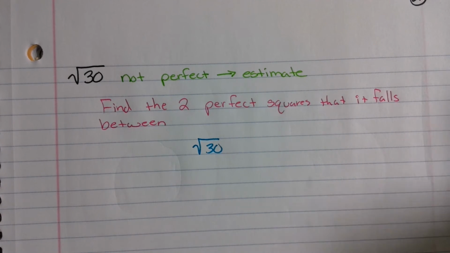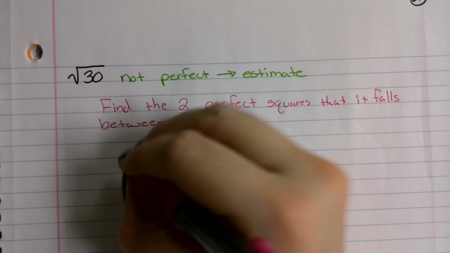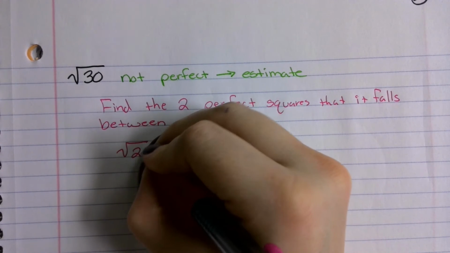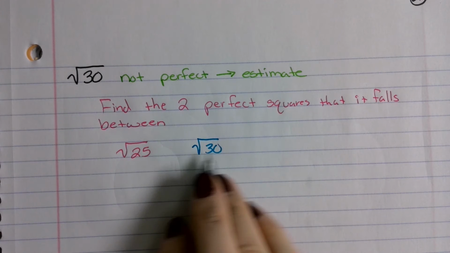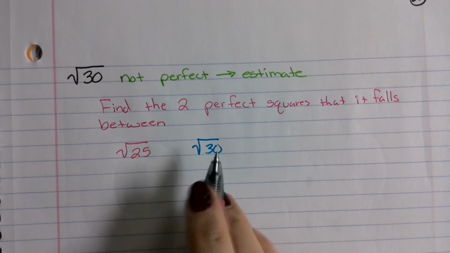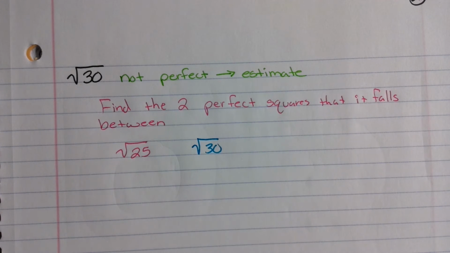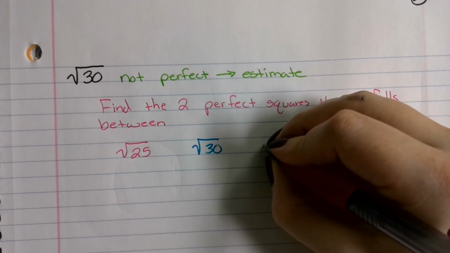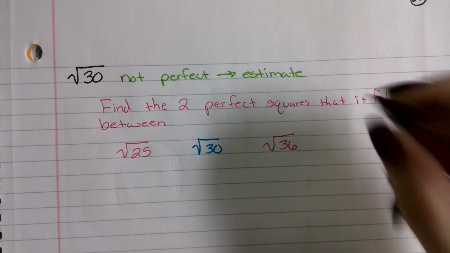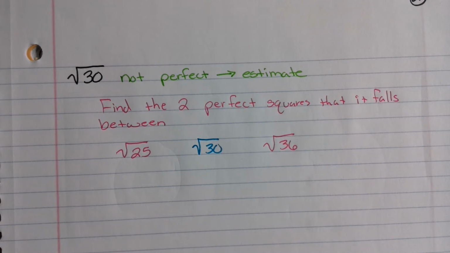What perfect square happens to be smaller than the square root of 30? 25. So we have the square root of 25 is a perfect square that's smaller than 30. What's the next perfect square after 25? 36. So we have square root of 36. That's the next one past it.